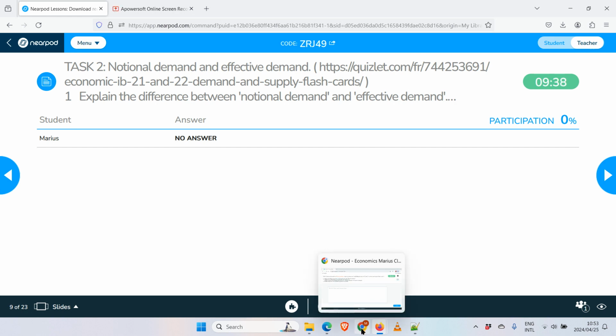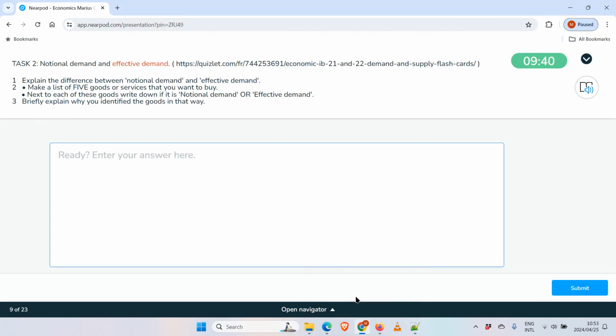If I go back to the student slide, the student will see the instruction here. They may want to use this website to help them.